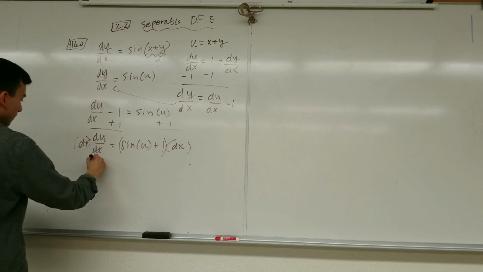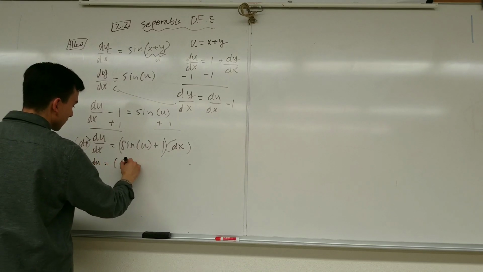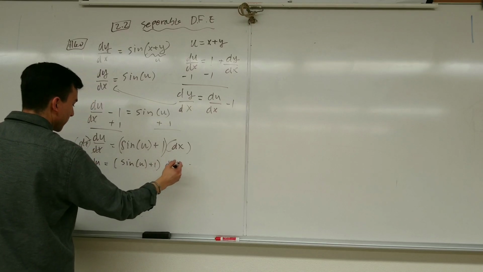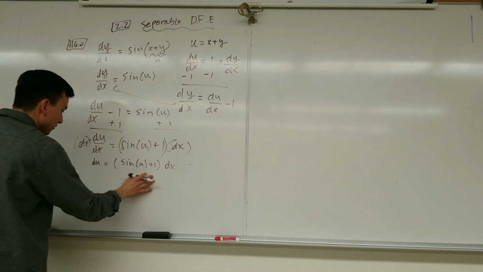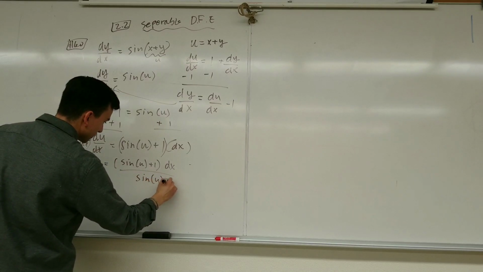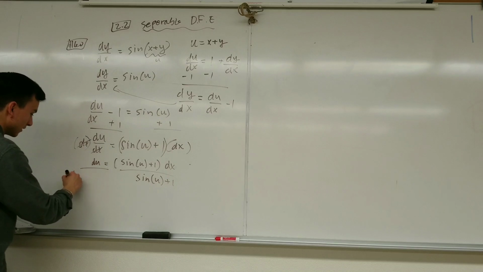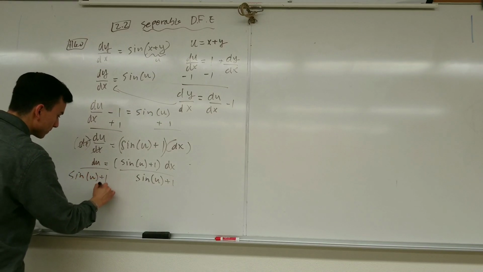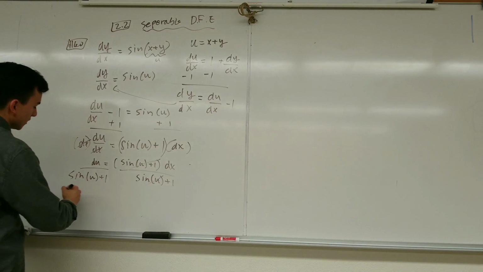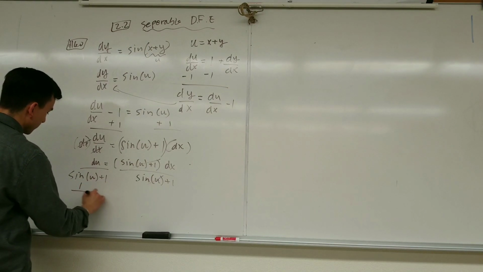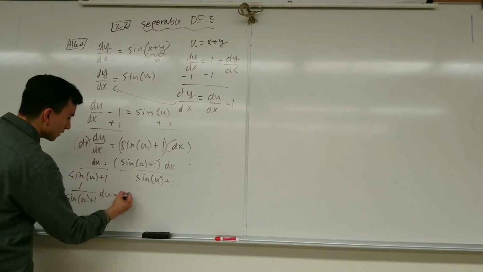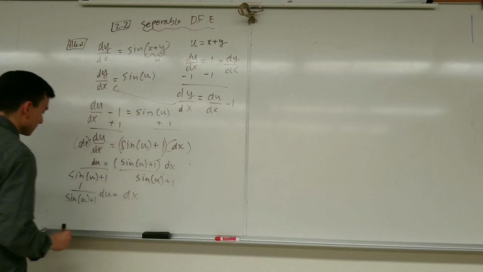All right, so now we have du. This is me writing out all my steps again. Okay. Well, how do I get this u over here? Well, certainly by magic or division, whatever you call it. Great. Now I have my u's on one side, equals dx. Great. Okay, perfect.